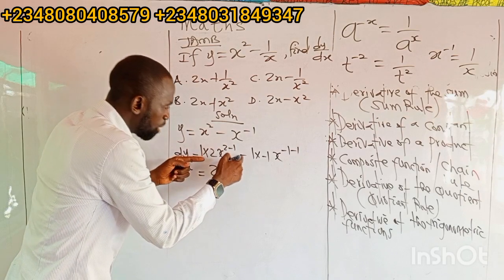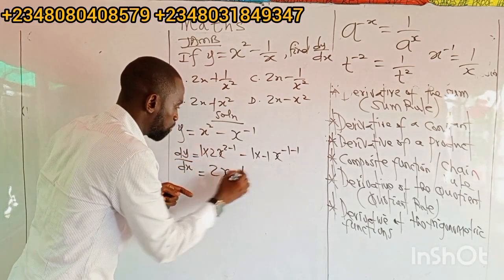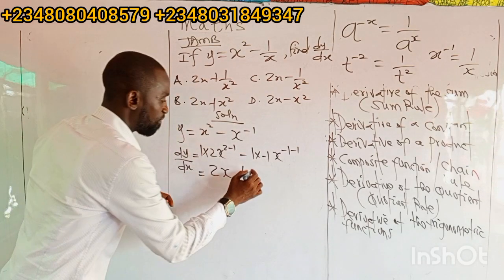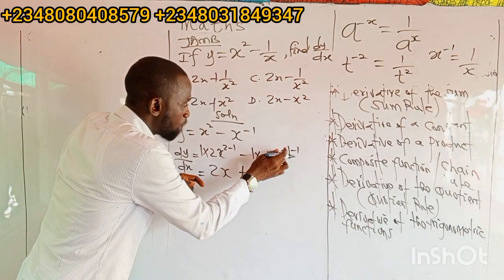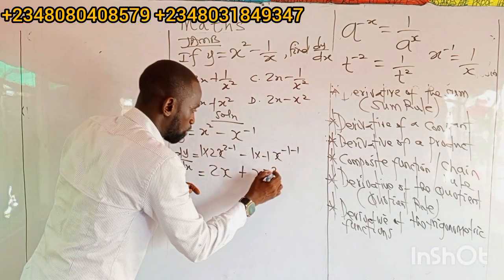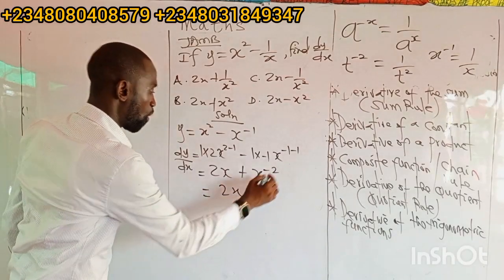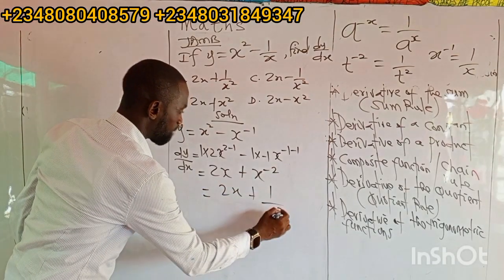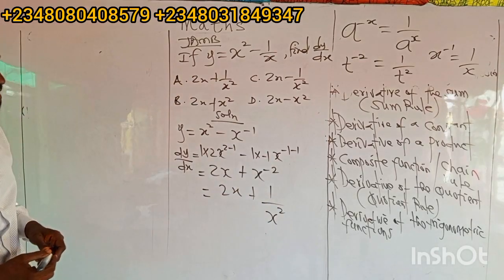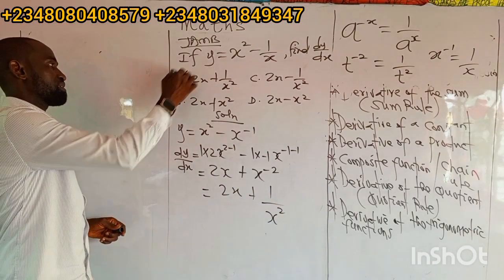So I have minus times minus, I have plus. Be careful. x raised to power minus 1 minus 1 will give us minus 2, so this one will come down. Now we have 2x plus 1 over x raised to power 2. The correct answer to this question is A.